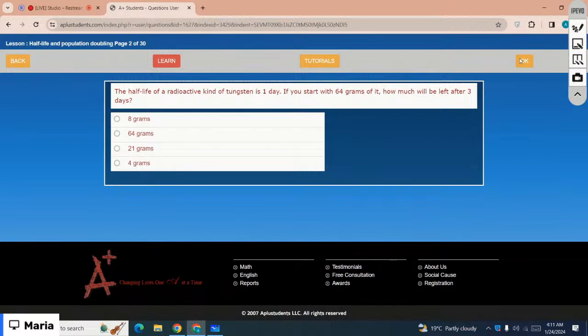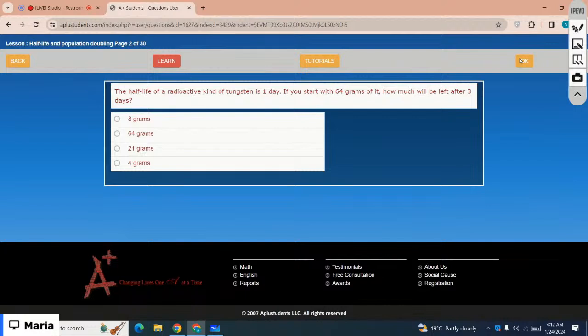The half-life of the radioactive tungsten is 1 day, that means after 1 day, the amount is halved. You have to see how much tungsten you have left after 3 days.